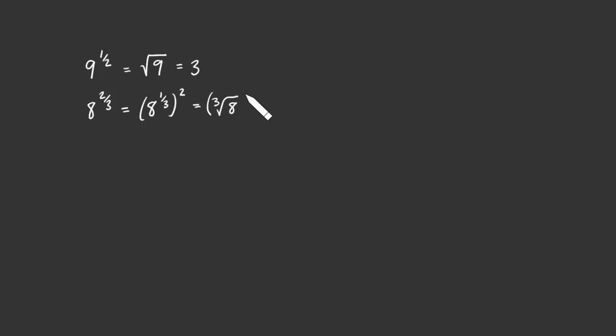So we have the cube root of 8 squared, bringing that 2 along. The cube root of 8, of course, what number can you multiply by itself and then again by itself to get 8? That would be 2. And so we have 2 squared here, which of course is 4.